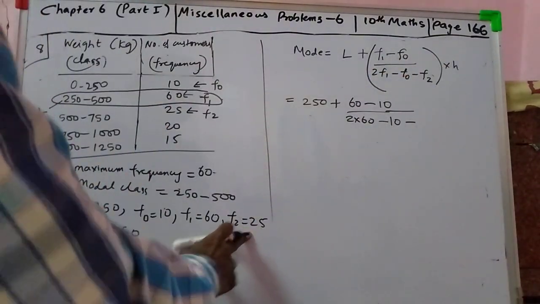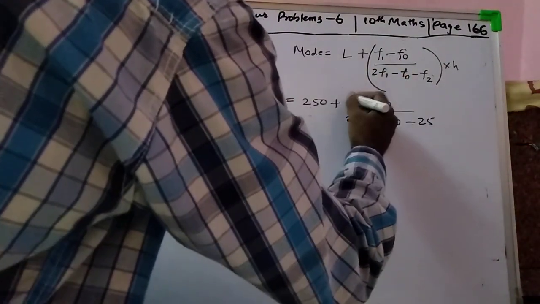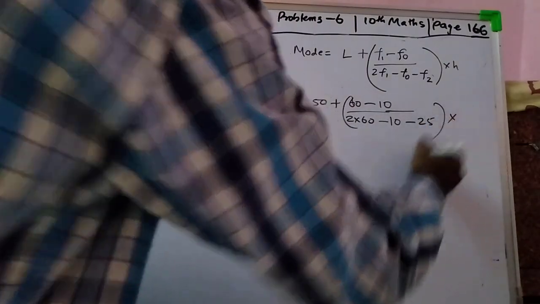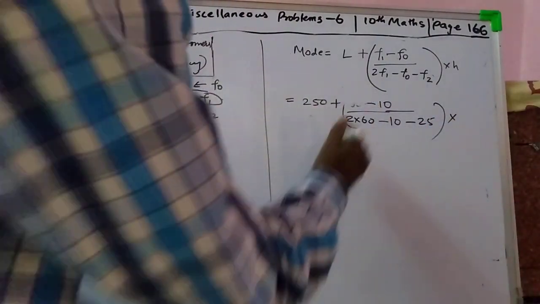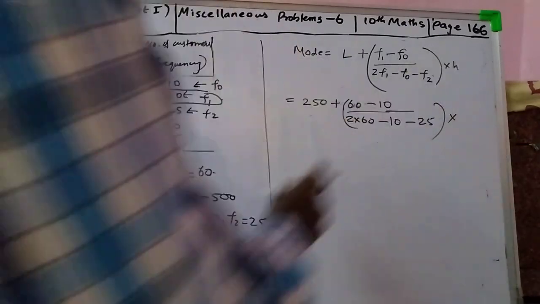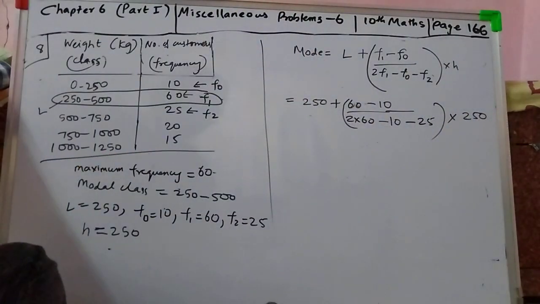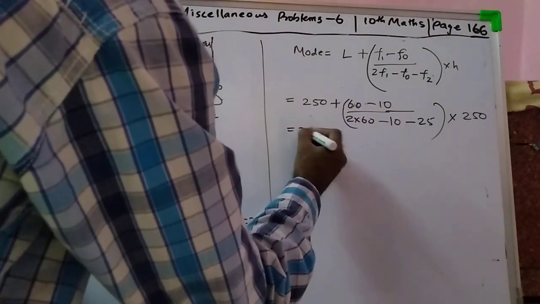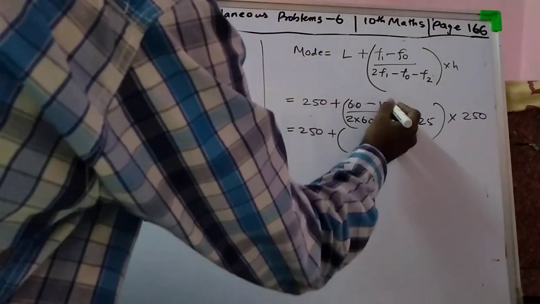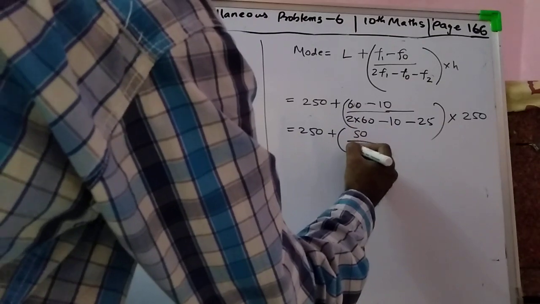Now we calculate this part. 250 plus 60 minus 10, 50. 2 into 60 will become 120.